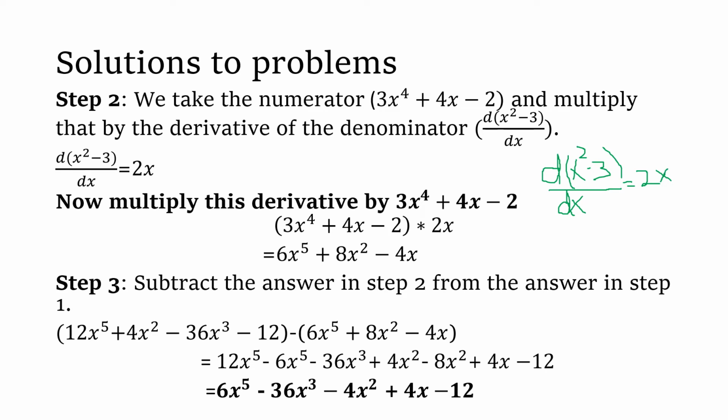But do we need to write x squared? No, we have to subtract 1 from 2. We always take 1 from the exponent. So if we take 1 from 2, we're going to have 1. But do we need to say 2x to the power 1? No. We are not in high school.